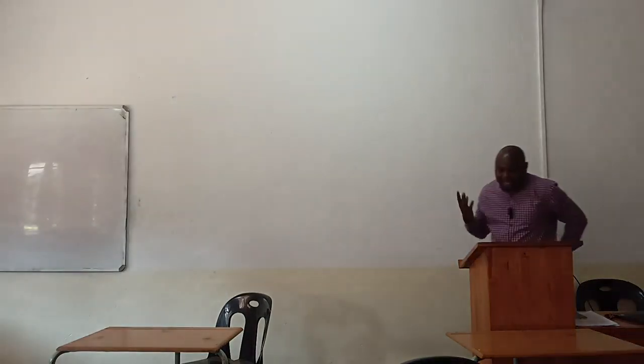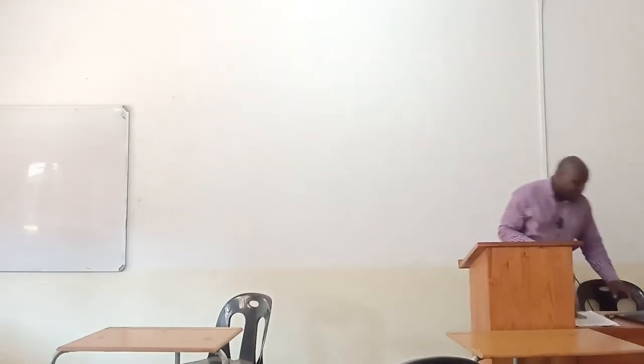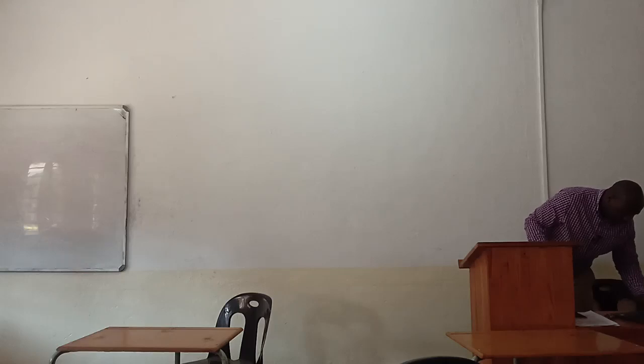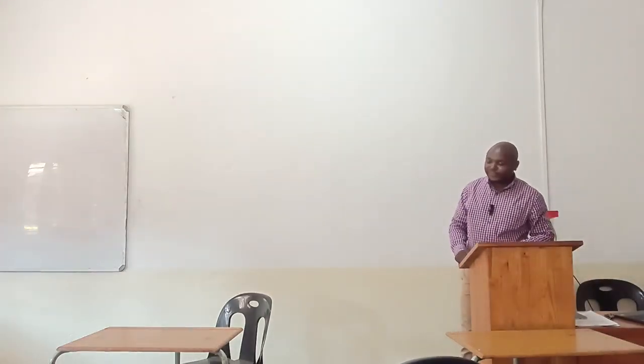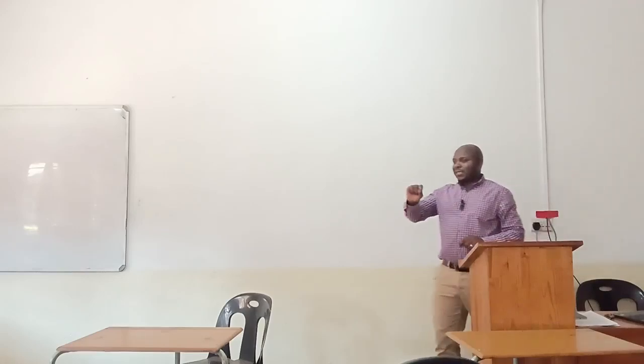So having said that, any other questions from what we are saying here? Anywhere where there is need for clarity? Okay. Let me confuse you a little bit further. So here we are talking about characteristics.